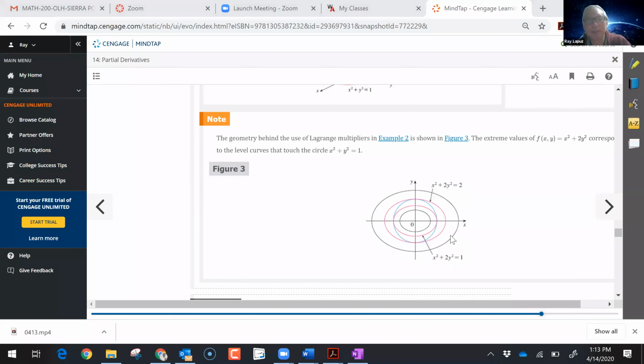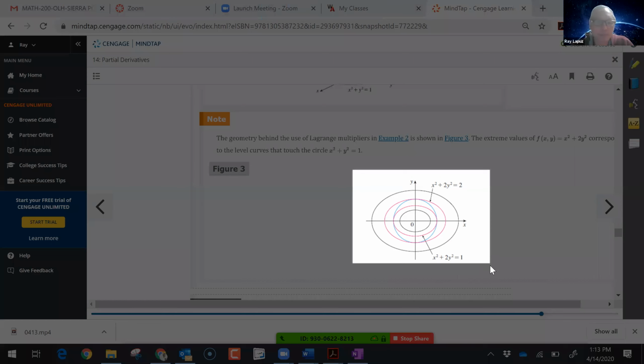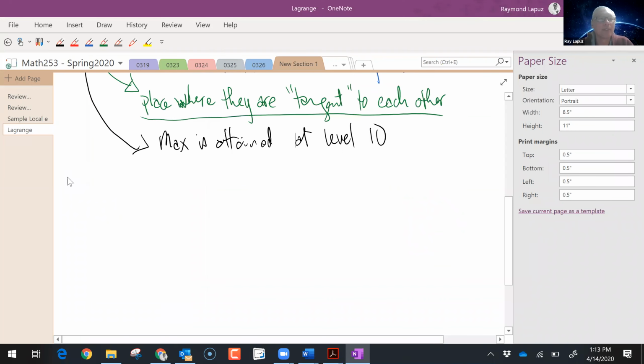Ah, my computer is so slow. I usually restart my computer, and I didn't get a chance to. All right.